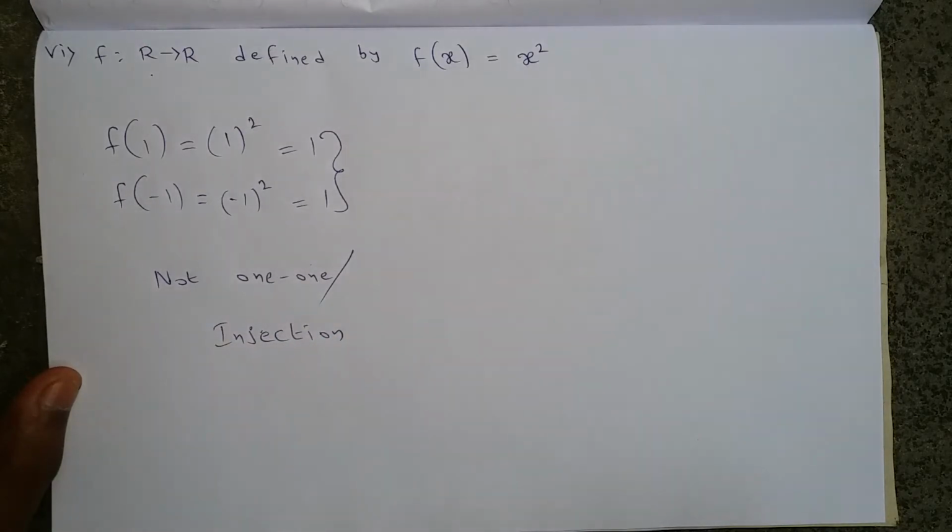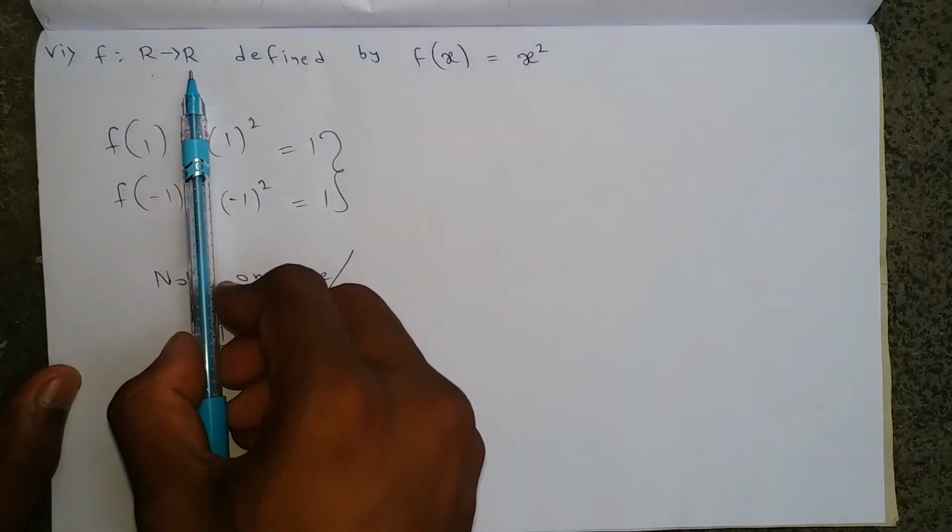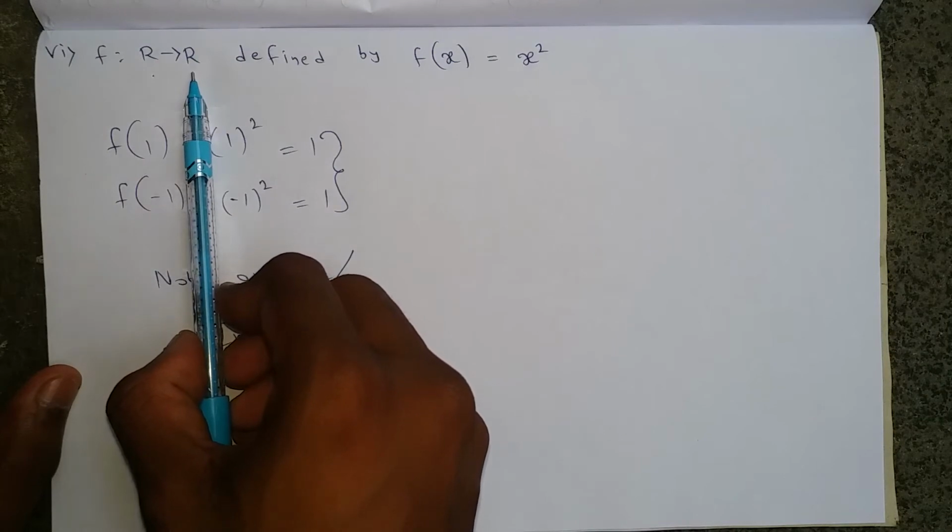Next, come to surjection. If we observe the surjection clearly, codomain and range both should be equal to each other. Here codomain is real numbers, all real numbers.